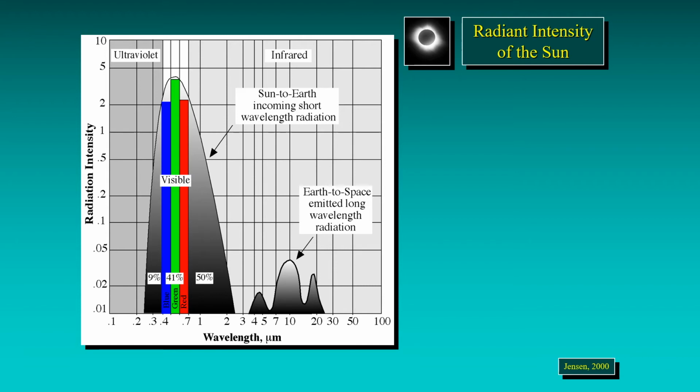So visible is useful, but so are these non-visible portions. What we'll be talking about later in the course is what parts of the electromagnetic spectrum are most useful to sense and to extract information from for various purposes in Earth remote sensing.